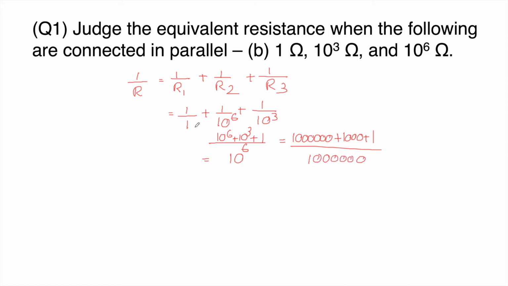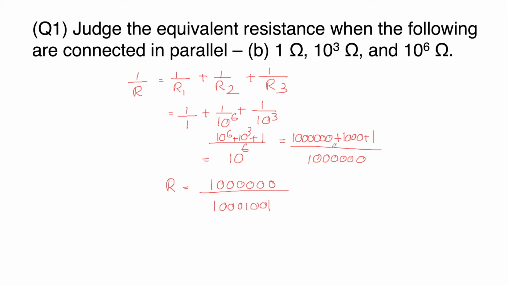But this is 1 by R. We should find R. So take the reciprocal of this. By adding all these numbers we'll get 1 0 0 1 0 0 1.